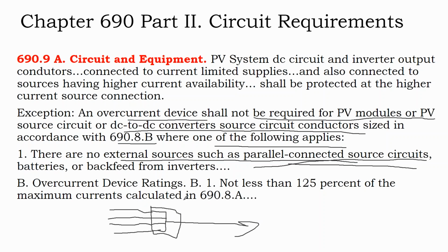The problem with this kind of configuration is that if there's a fault, like a ground fault in one of the circuits, then the other three circuits, instead of the electricity flowing where it should be going, these other three circuits can backfeed the fault.